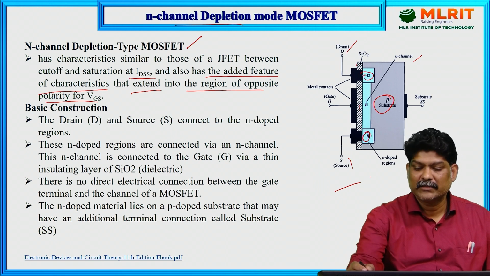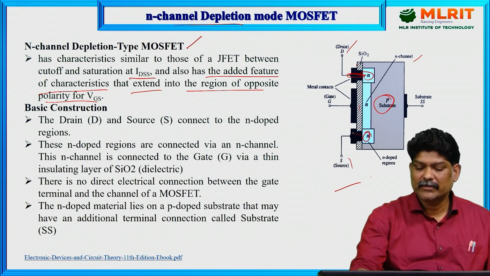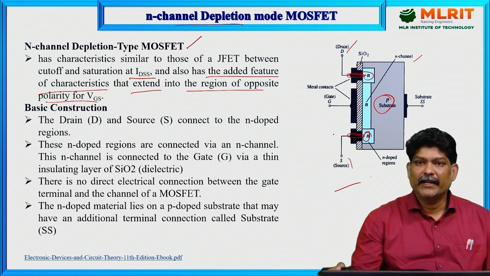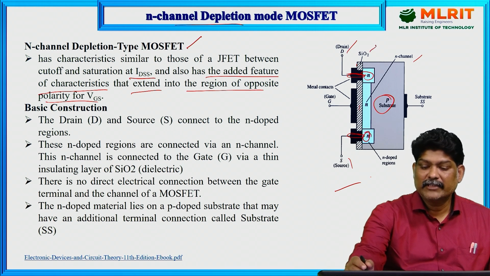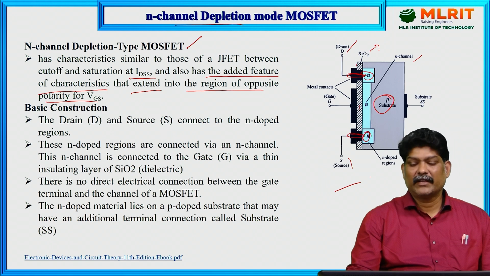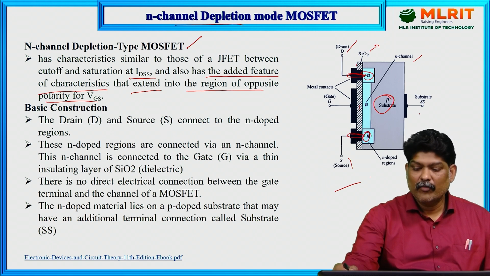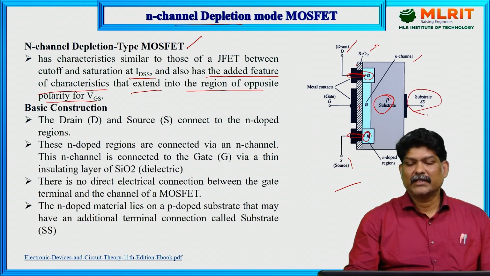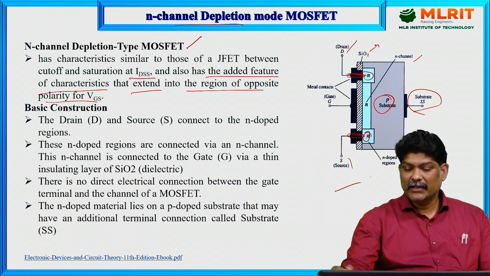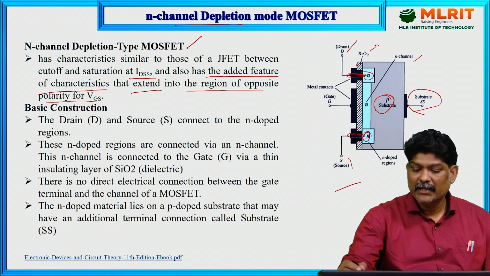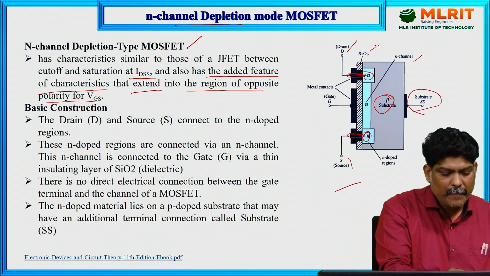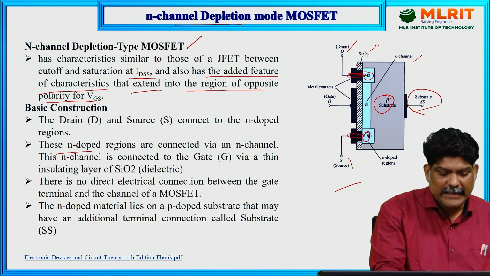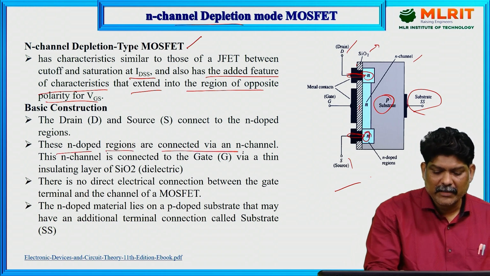Through these holes, the drain and source terminals are generated, and between them we have the SiO2 layer, which acts like an insulator. The body substrate is another terminal, and this terminal and the source terminal are internally connected. These N-type regions are connected via the N-channel.